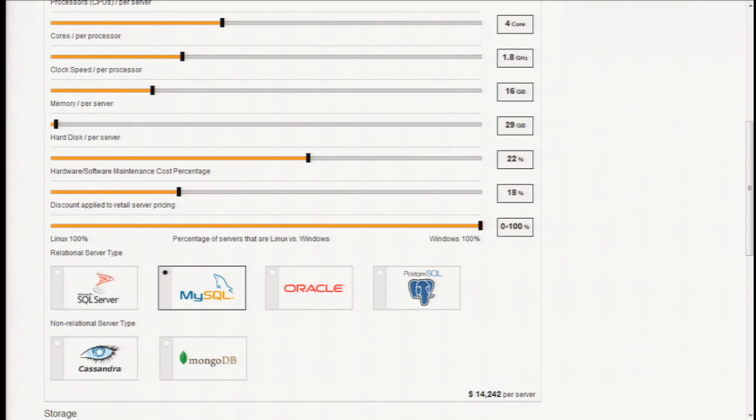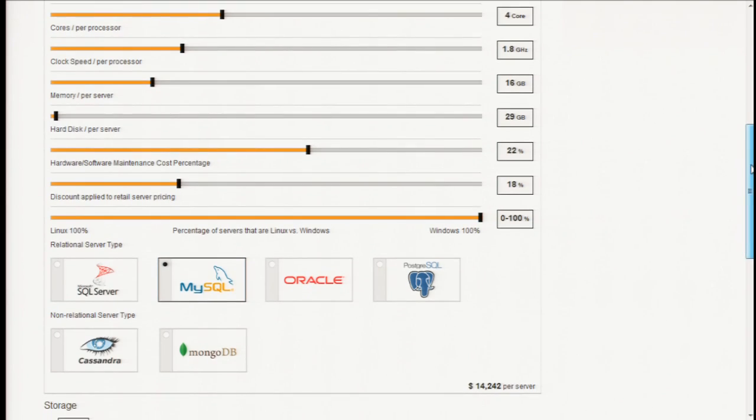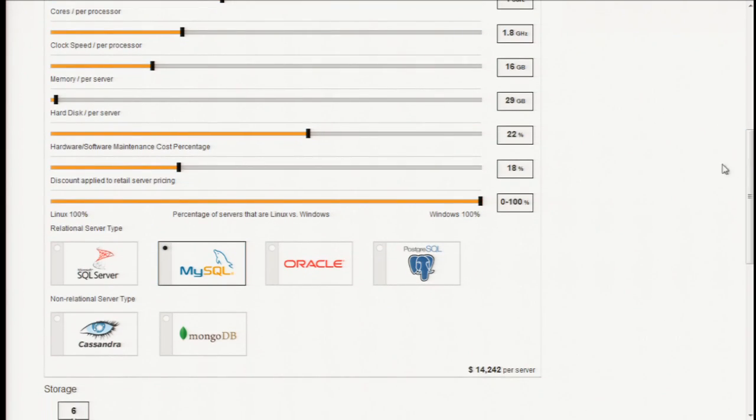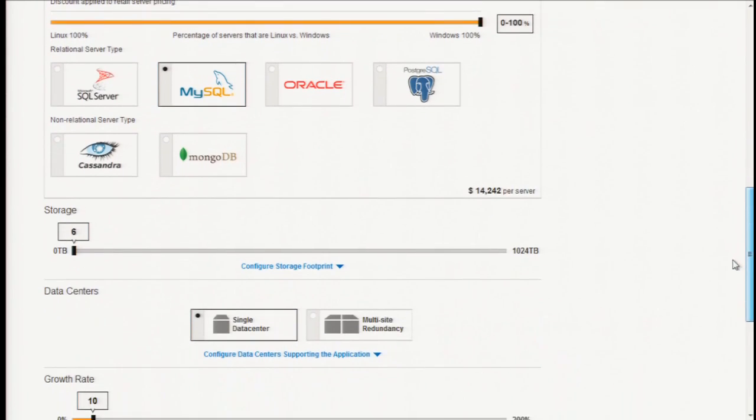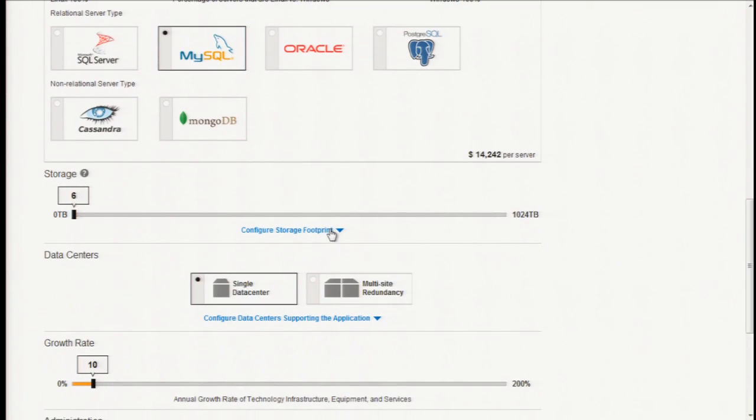Of course, the 30 GB of disk, and Windows is 100% what we're using. And really, the maintenance cost is exactly the same because that applies across the board regardless of the box that we have. We dialed this discount in a little bit differently; instead of almost 15%, we put this up to 18%. This number felt more reasonable, including the maintenance cost that we just talked about, relative to the invoice that I'm getting for this type of box that I buy.